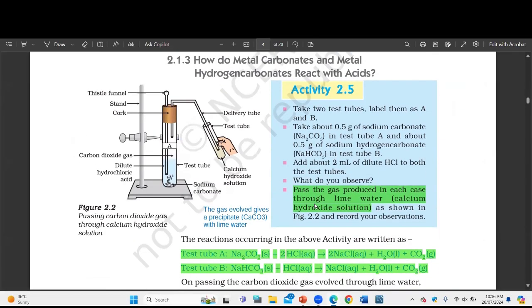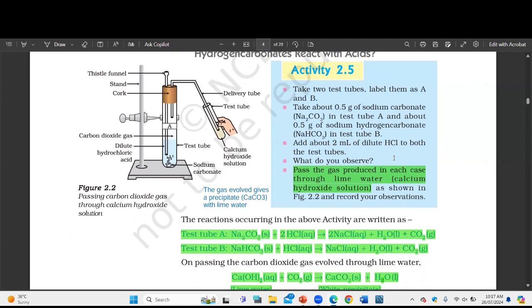For this, we're going to perform the experiment given in activity 2.5, and we're going to take two test tubes, and label one of them as A and the other one as B. In the first one, we take about 0.5 grams of sodium carbonate, and in the other, sodium hydrogen carbonate, which is sodium bicarbonate, and to each of these we add 2 ml of dilute HCl. So basically, we're adding an acid to one test tube with a metal carbonate and the other test tube with a metal bicarbonate.